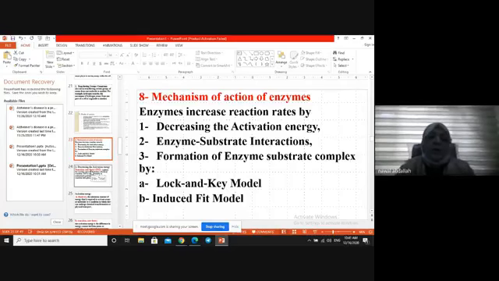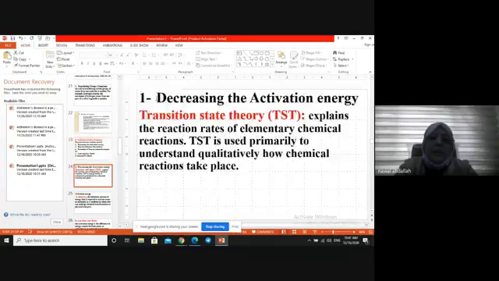Now we will take the steps or types of the mechanism of action of enzymes point by point. Number one, as we said, the action of the enzyme is done by decreasing the activation energy.